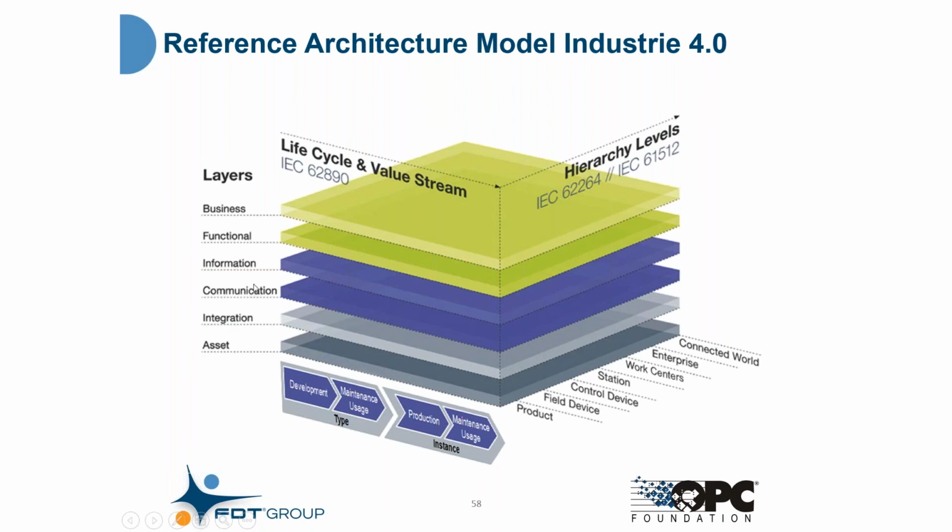We need a standard for representing the information, the functions provided by the equipment, and also the business rules related to the equipment. So basically, the layers section describes what is necessary to do for integration into Industry 4.0.